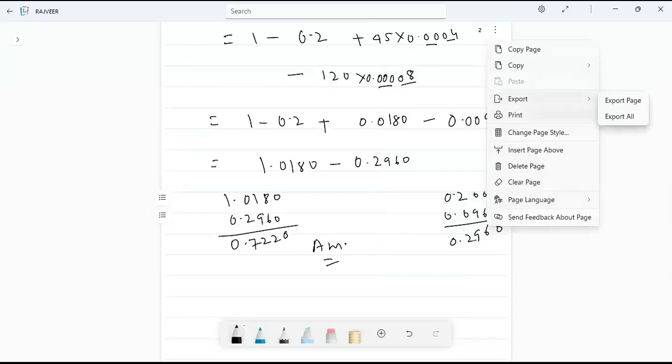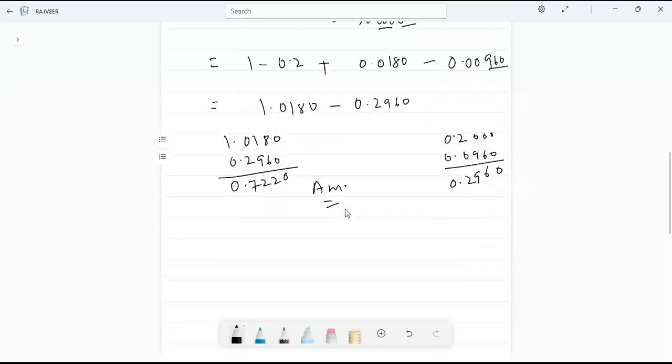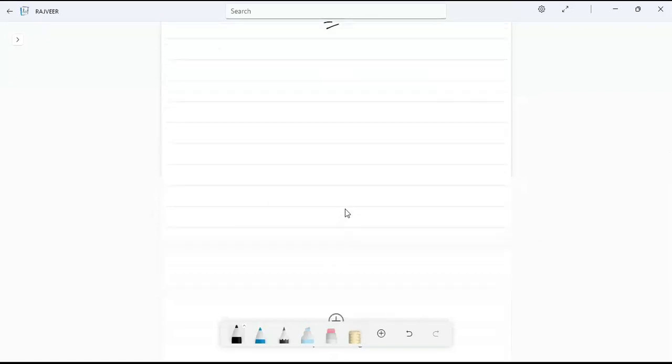Question is, in the binomial expansion of 1 plus kx to the power 6, where k is constant, the coefficient of x cube is twice as large as the coefficient of x square. Find the value of k.